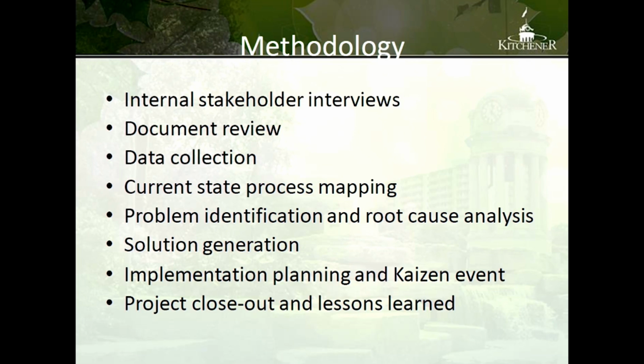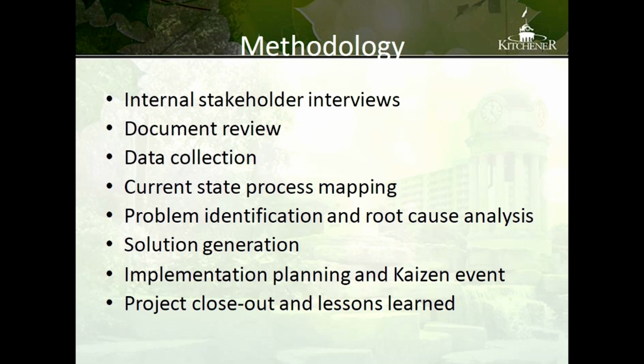The review followed a typical methodology for a lean review, including interviews with all of the stakeholders or participants in the process, a review of the previous recommendations, and a review of the examples of work orders that had rework or errors. We did data collection over several weeks to determine the most frequent types of errors and rework, and we did some current state mapping for each of the services that has external billables.